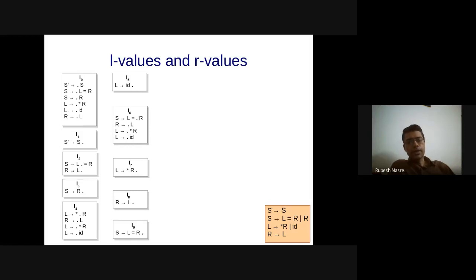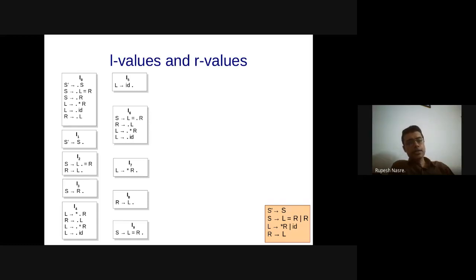So this particular grammar has a shift reduce conflict, and that means that when you try to create the SLR(1) parsing table, you will get this going to L equal to dot R, that is I6.